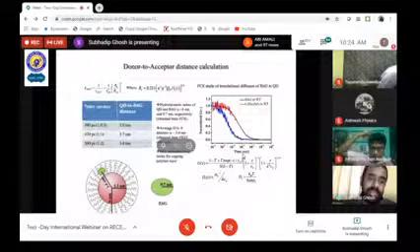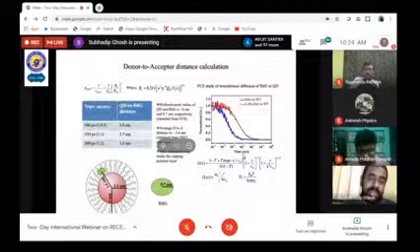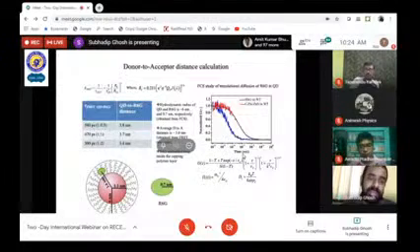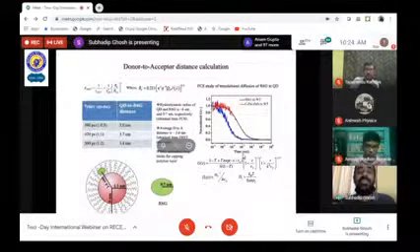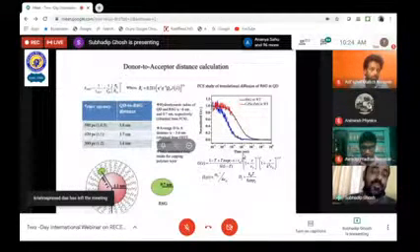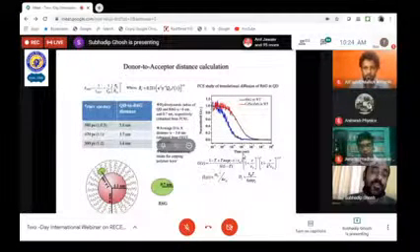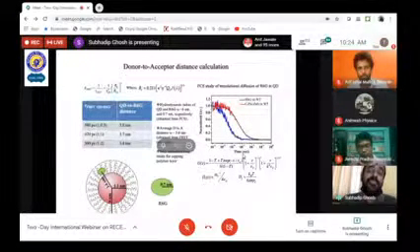Using this equation, the FRET rate we can get from the quenching ratio, and tau FRET is the time scale, and R0 is the Förster distance calculated theoretically using this equation. RDA is the donor-to-acceptor distance, which is our interest and what we measure, and tau 0 is the lifetime of the donor in the absence of acceptor.